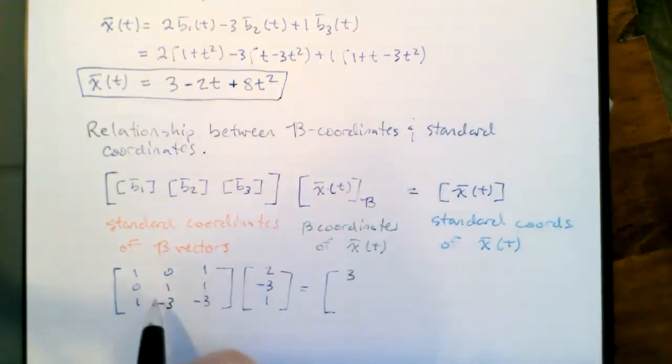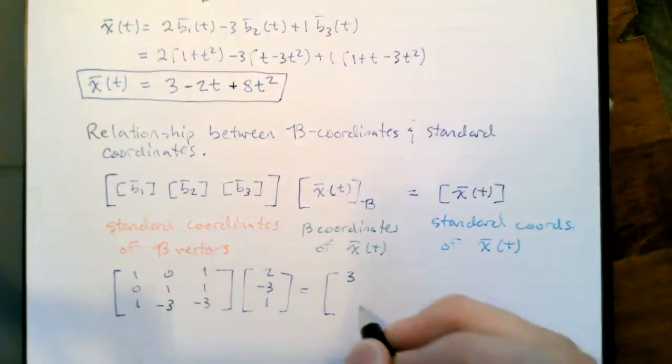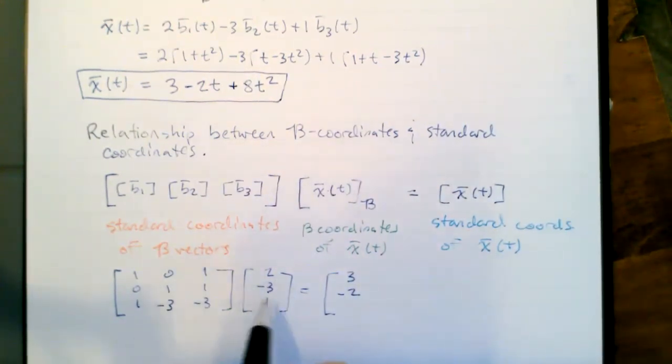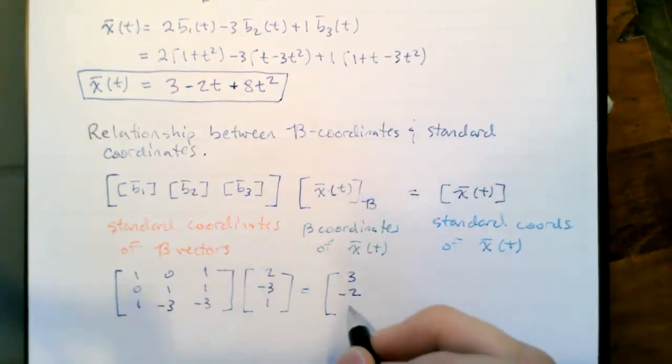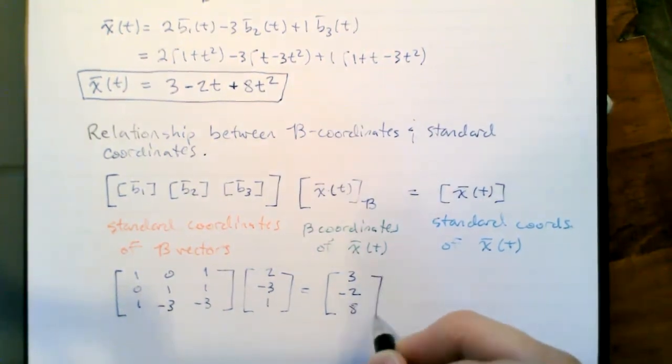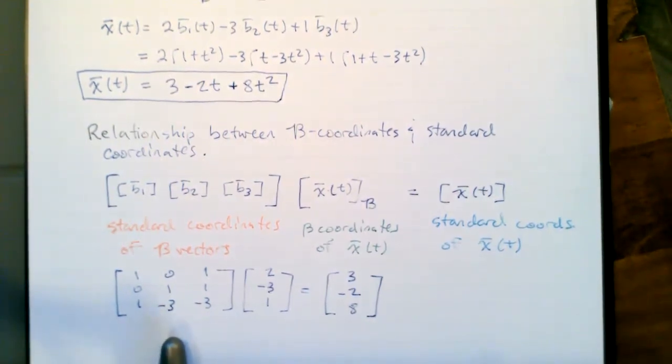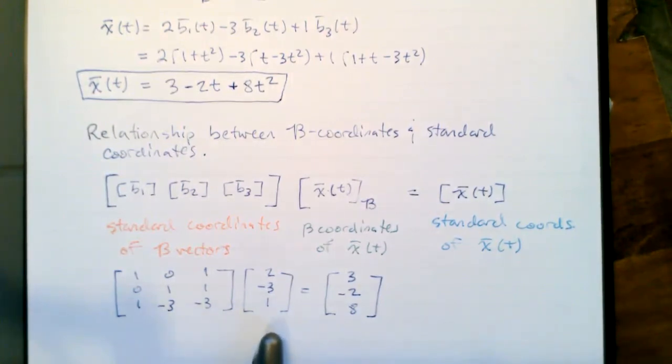Then I get 0 minus 3 plus 1, which is minus 2. And I get 2 plus 9 minus 3, which is 8. So the standard coordinates of the B vectors multiplied by the B coordinates of x give us the standard coordinates of x.